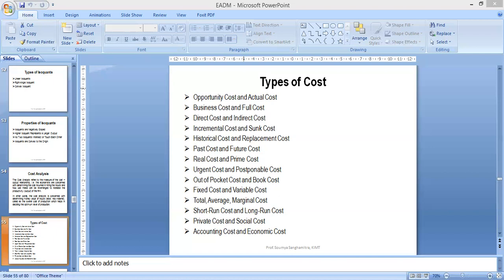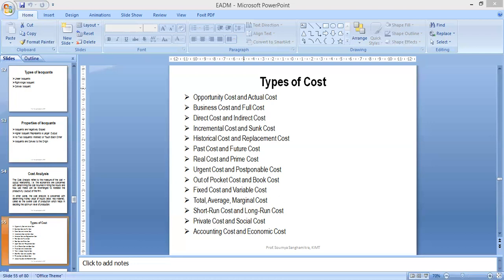Then historical cost and replacement cost. The historical cost is the actual cost of an asset incurred at the time the asset was acquired. It means the cost of a plant at a price originally paid for it.